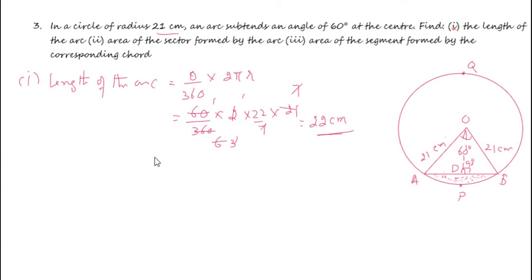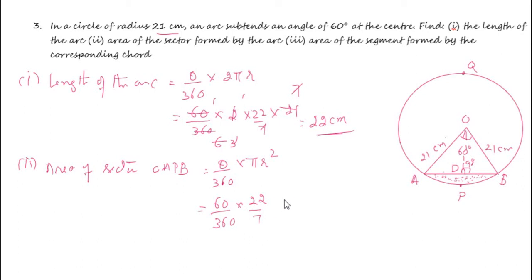Area of the sector. Area of sector OAPB equal to theta divided by 360 into pi r square. Theta is 60 divided by 360 into 22 divided by 7 into r square. R is 21, so into 21 into 21. 60 ones 6 times.